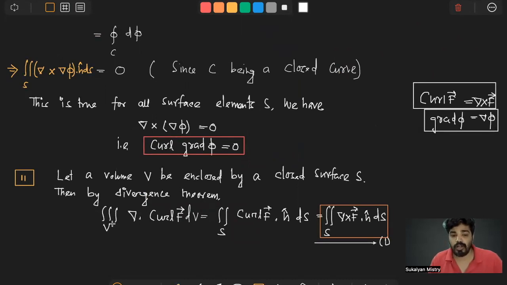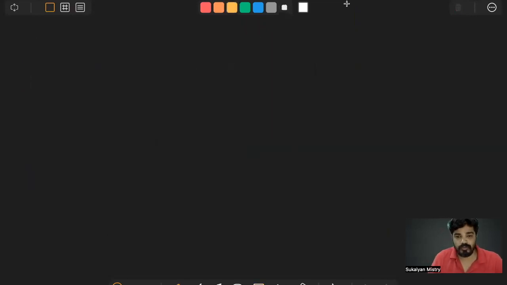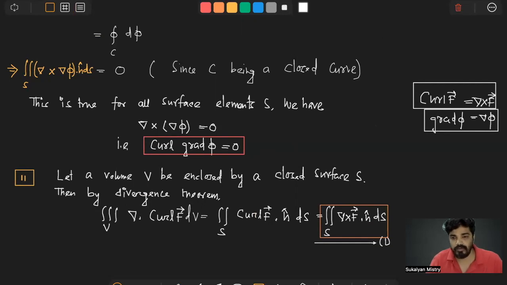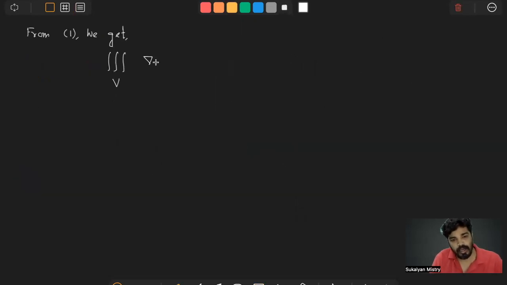So from 1 we get triple integration over V del dot curl F dV is equal to 0.